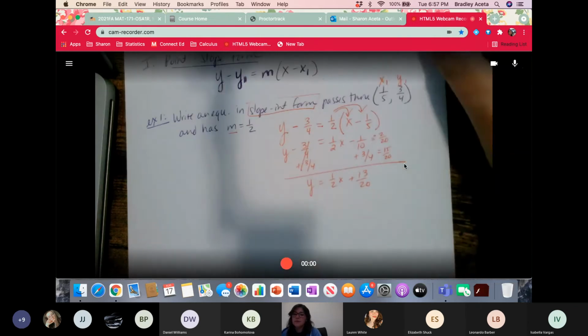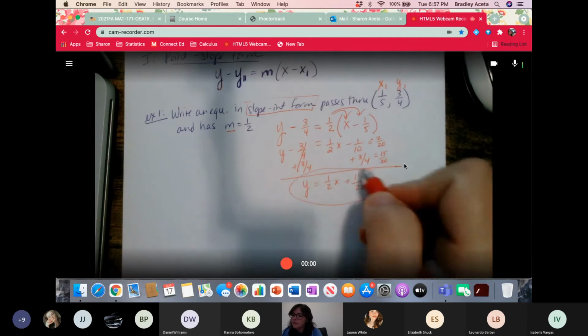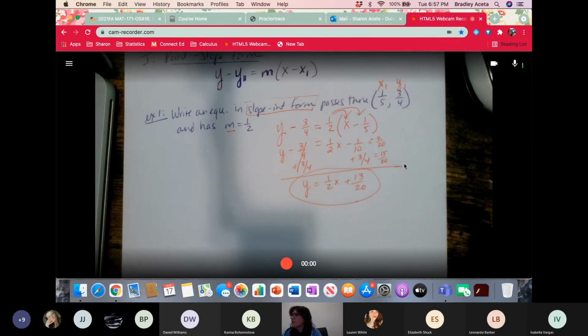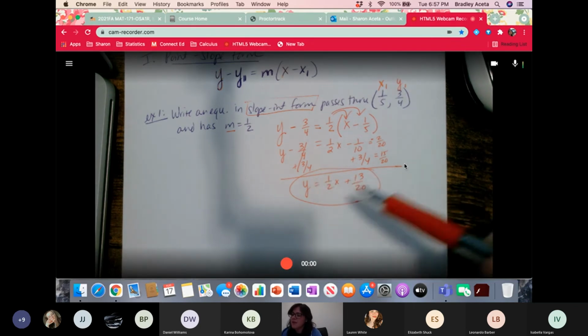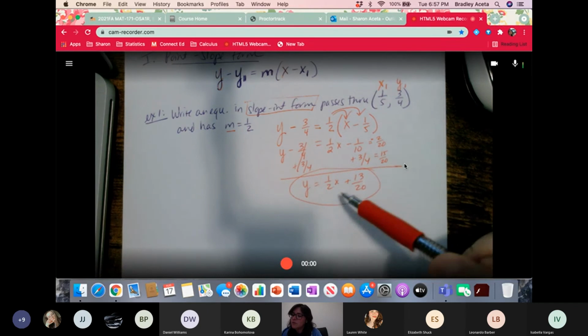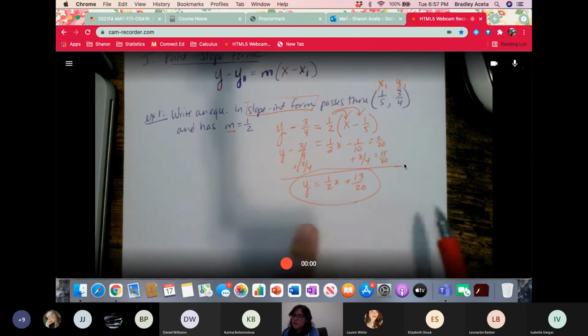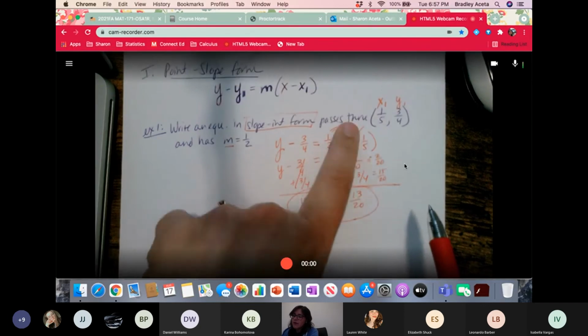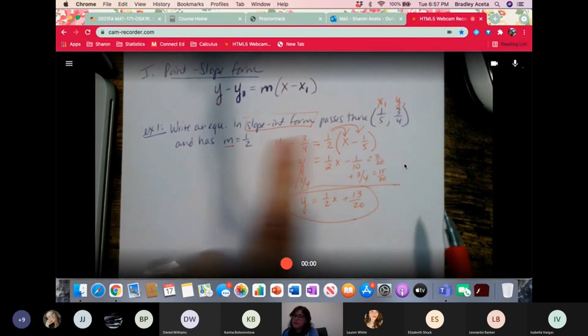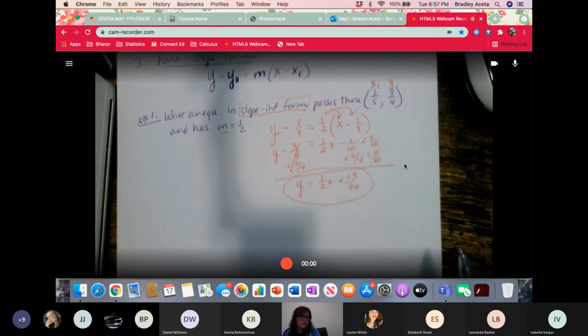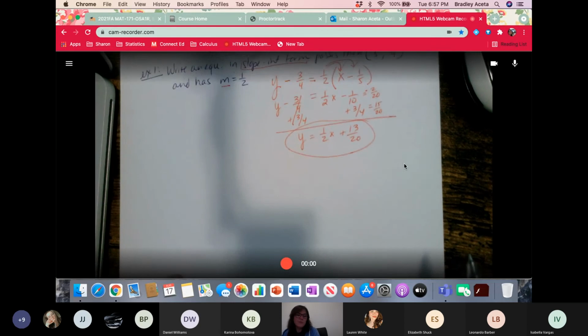So if you're feeling like, oh gosh, I'm not feeling great on the fractions, don't worry. You get a calculator. That's a good thing. Calculus 1, not necessarily a calculator. So be careful about that. But there you go. Y equals 1/2 x minus 13/20. That is the slope intercept form of a line, and it's going to pass through this point, and it's going to have that slope. So pretty easy.